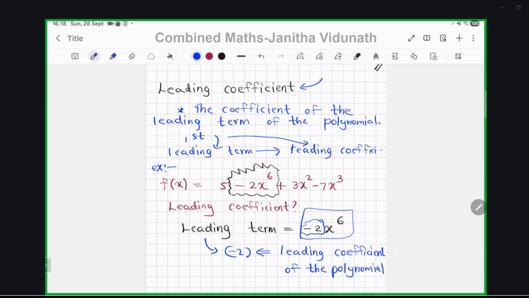Simply, first we need to identify the leading term. Then the coefficient of that term is called the leading coefficient.